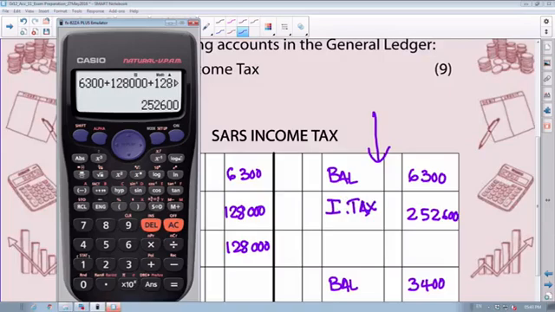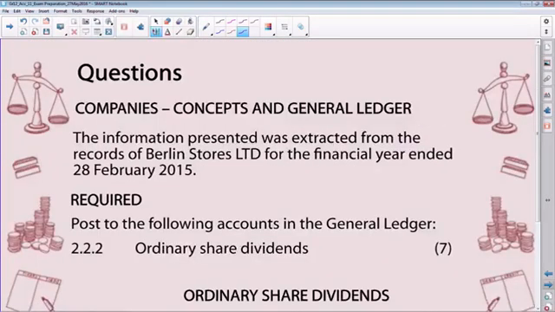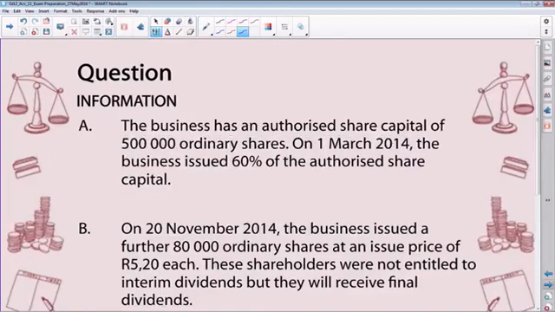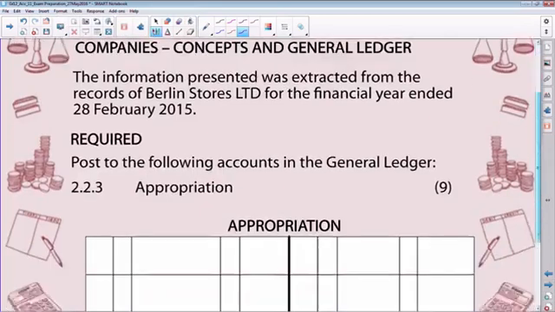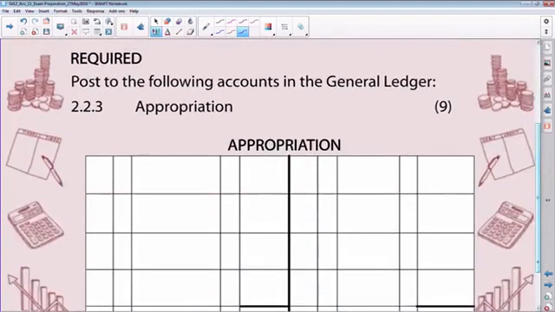And immediately you can see that yes, if the amount of 252,600 was my income tax for the year, then immediately in my appropriation account, 252,600, you can include it as your income tax. Why?